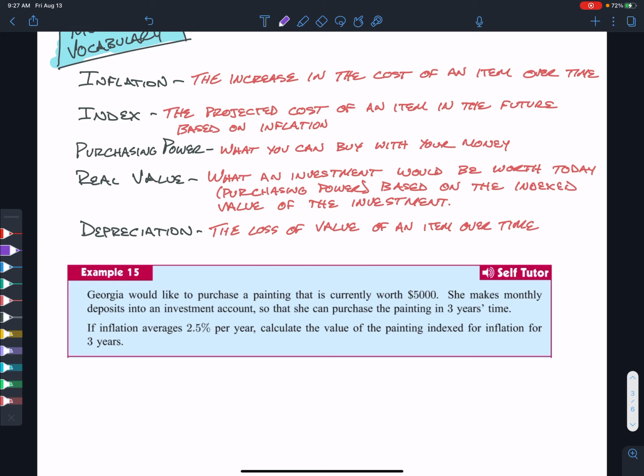All right, so let's calculate this. We're going to find the indexed value here. The indexed value is going to be equal to the initial cost, so you could say u of 0, times the inflation rate.